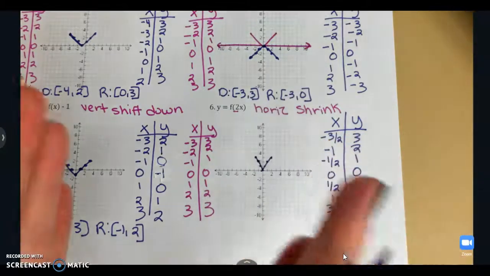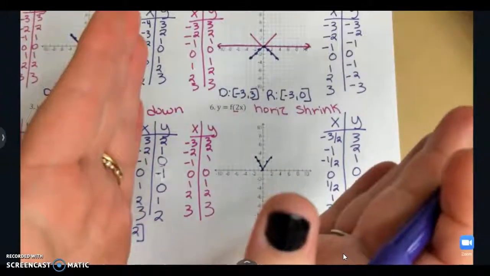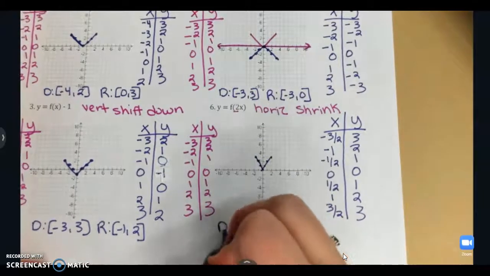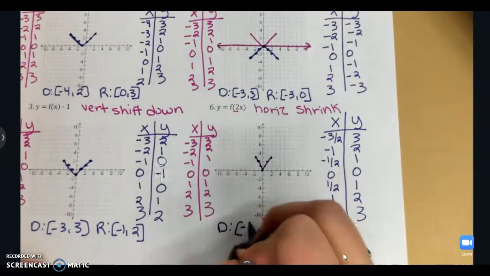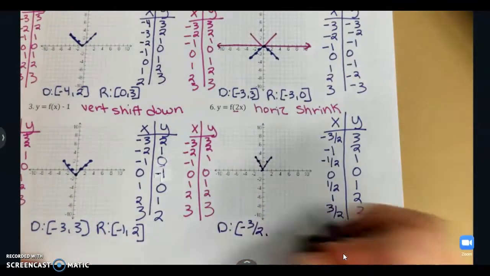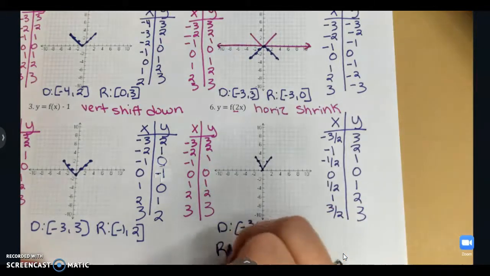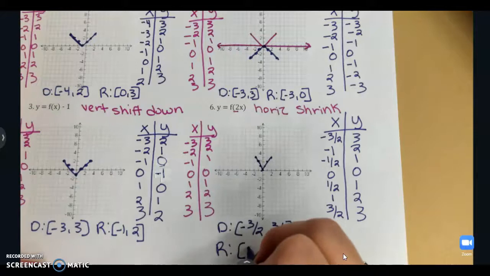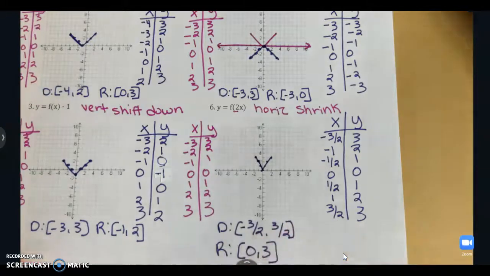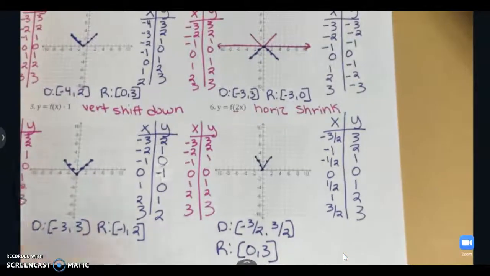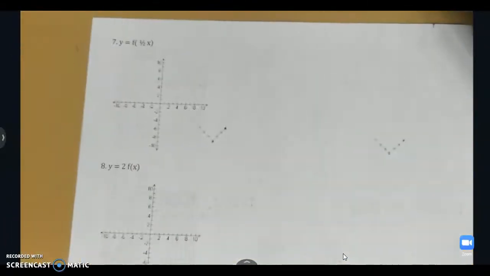So we shrunk horizontally. The x values got smaller. So my new domain is from negative 3 over 2 or negative 1.5 to positive 3 over 2 or positive 1.5. And my range stayed the same. Horizontal shrink.